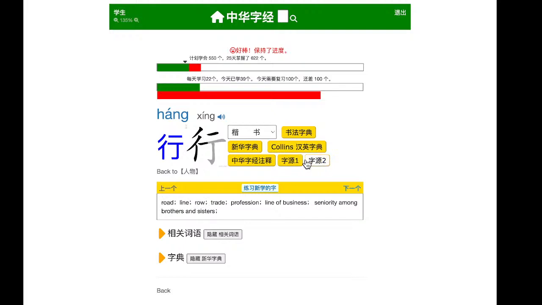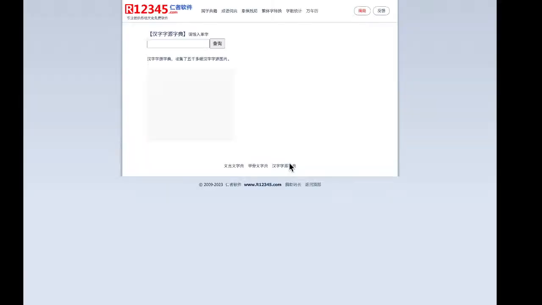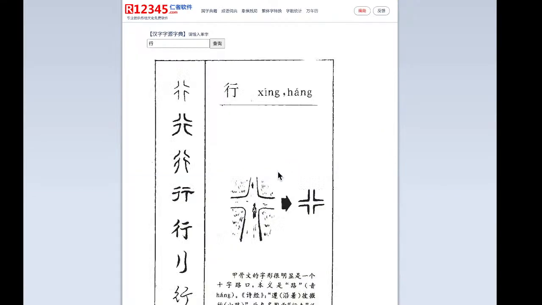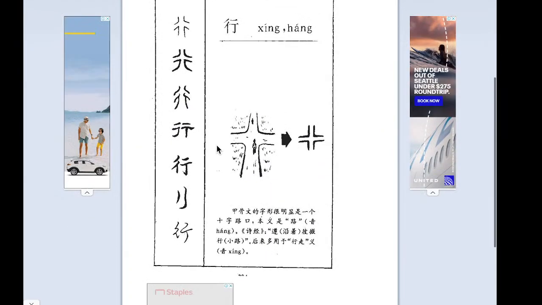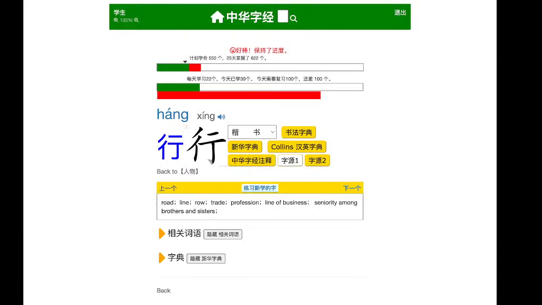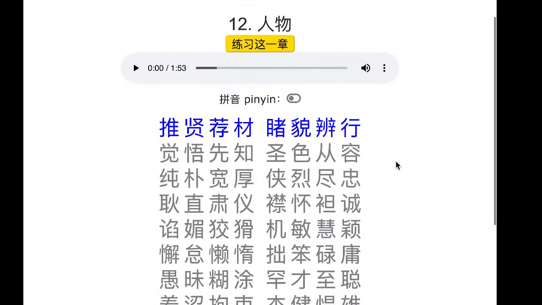If you look at this originally, the shape of this, it's crossroads, but over time it's become less aligned. 行 is a trade, professional line of business. 行业 is how you would say that.